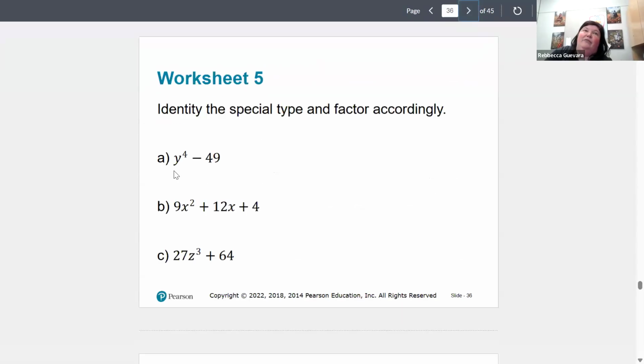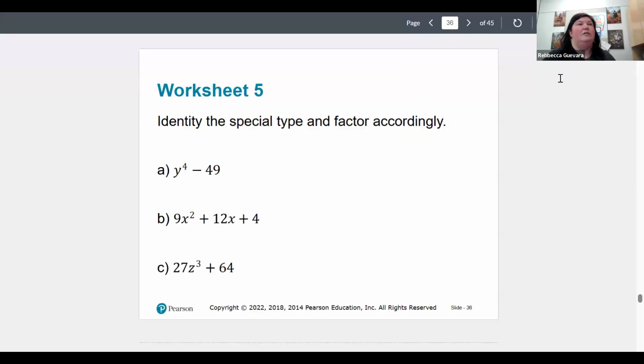So worksheet number 5, one example of each: a difference of squares, some sort of perfect square here, and then a sum of cubes. It may not have been very straightforward, but if you look at this one, think about it, that's y to the 4th, which is just y squared squared.